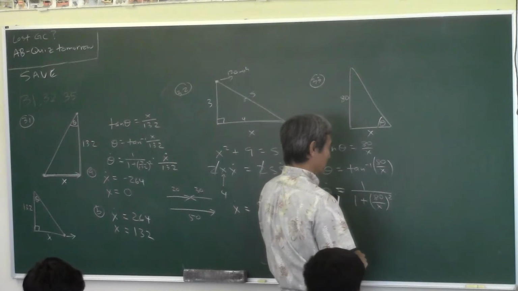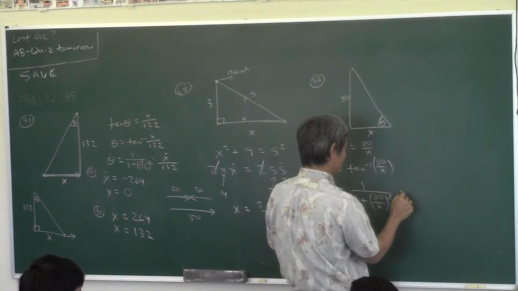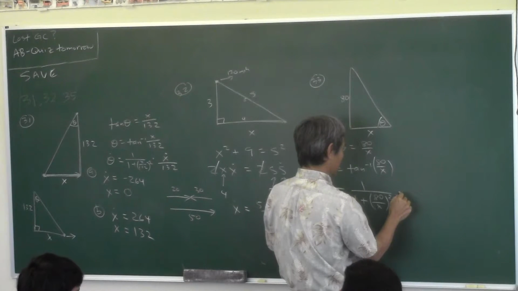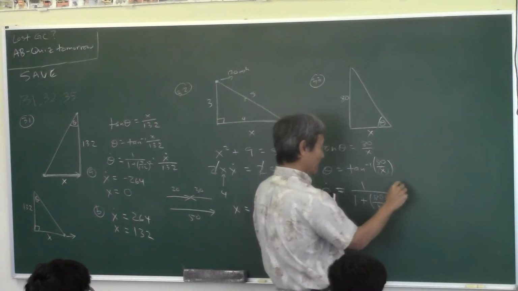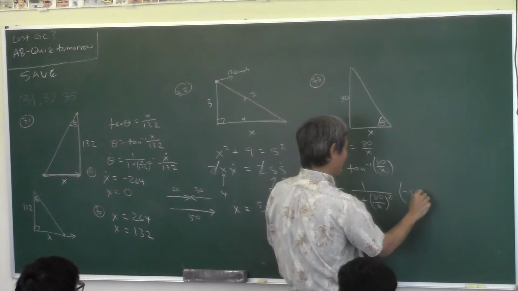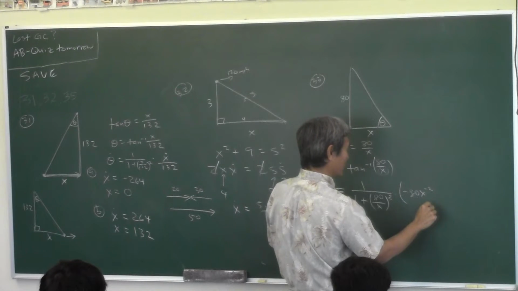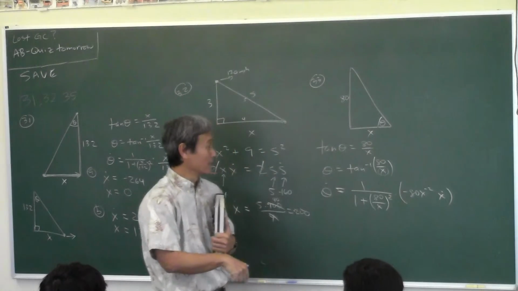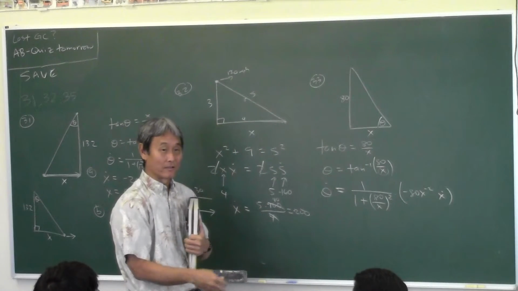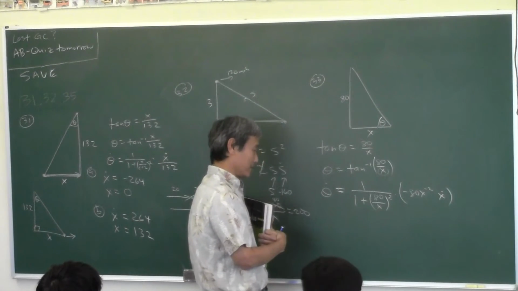That's 80 times negative x to the negative 2, so negative 80 x to the negative 2, times x dot. That's like box to the negative 1, right? Or if you need to use quotient rule, use quotient rule, but it's easier this way.